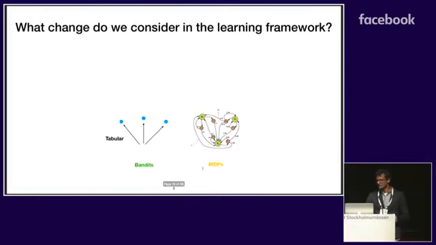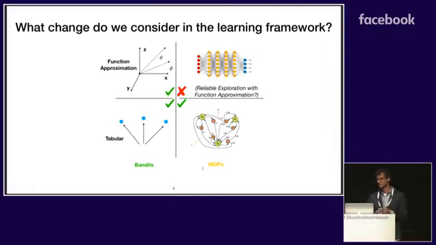What is the change in the learning framework that we consider? Well, as I said, there are results for tabular environments. They talk about bandits and MDPs, and we have a thorough understanding of these two tabular settings, at least for episodic MDPs, where we have matching upper and lower bounds. Of course, a more interesting problem is that of function approximation.